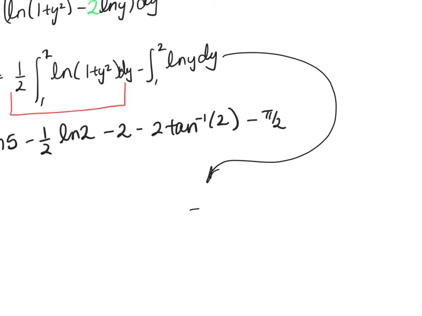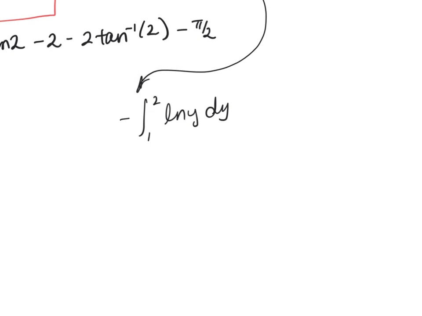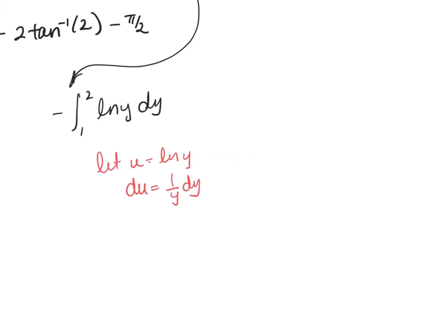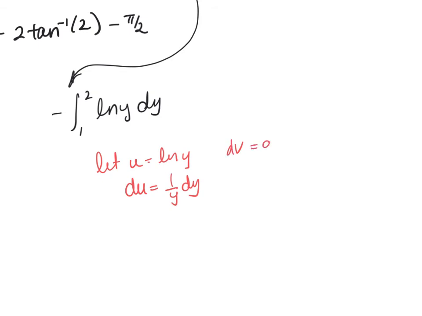So I have negative integral from 1 to 2 of the natural log of y dy, and this is going to be nice for integration by parts because I'm going to let u equal the natural log of y, and du is going to be 1 over y dy. And then dv is going to equal dy. That means v is equal to y.